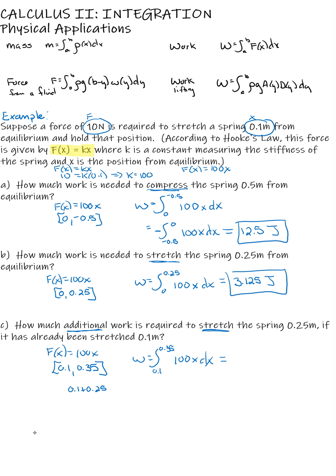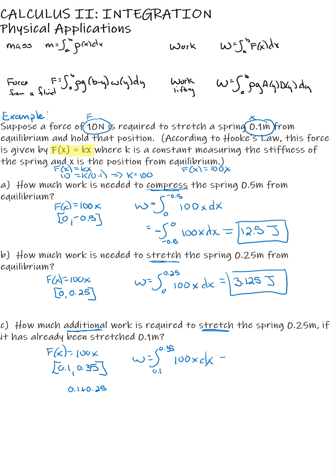The first situation up here, it went 1/10 of a meter and it took 10 newtons. So that's a bit of force to move it 1/10 of a meter. In part B of this example, from equilibrium we went 25/100, but now we're going 25/100 past something. So we already had to get it to 0.1. That was a bit of work, but it's going to take even more work for us to go that additional distance. So whatever you come up with should be greater than what you got in part B.